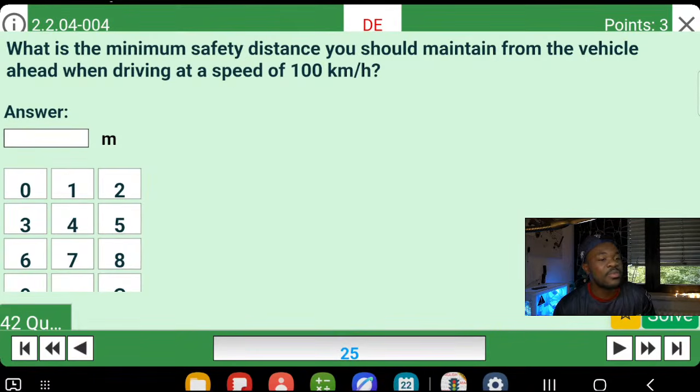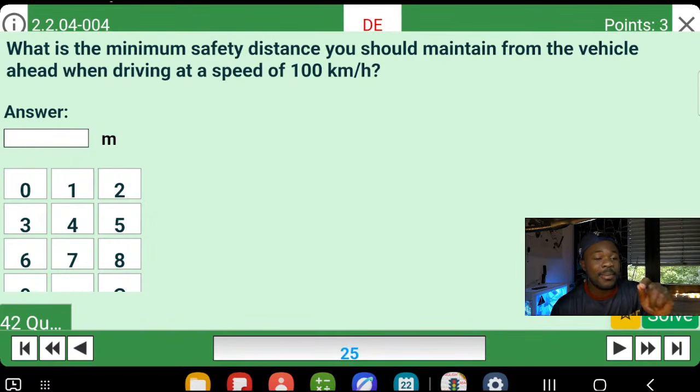What is the minimum safety distance you should maintain from the vehicle ahead when driving at a speed of 100 kilometers per hour? This one is very, very important because the safety distance is the distance you keep between you and the vehicle traveling in front of you. The minimum safety distance should be half of your speedometer reading, in meters.